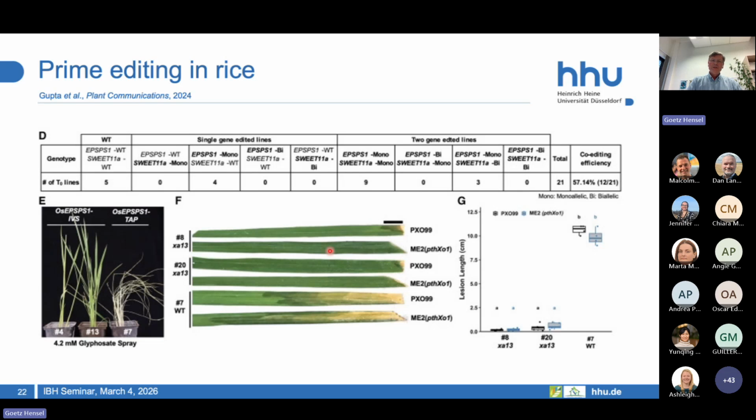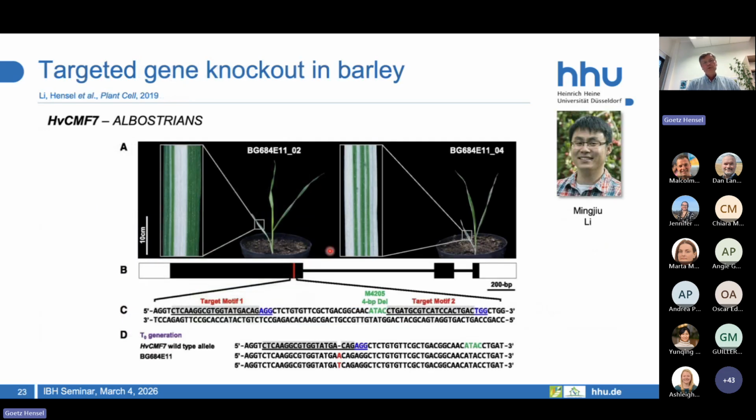So by using this system, I then challenged my master student to follow up a strategy to have an easily screenable system, because a master student does not have much time.